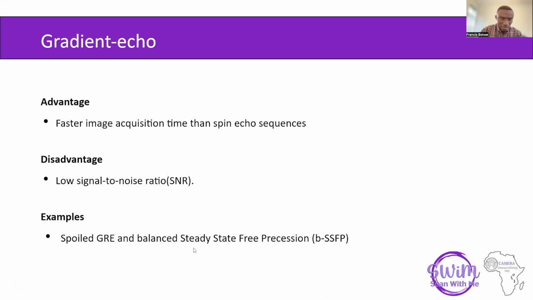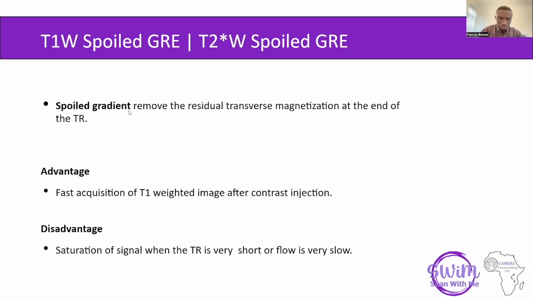These are some of the examples of gradient echoes. We have spoiled gradient echo and balanced steady state free precession. And these kinds of gradient echoes are used mostly for cardiac examinations. Spoiled gradient echo removes the residual transverse magnetization at the end of the repetition time.